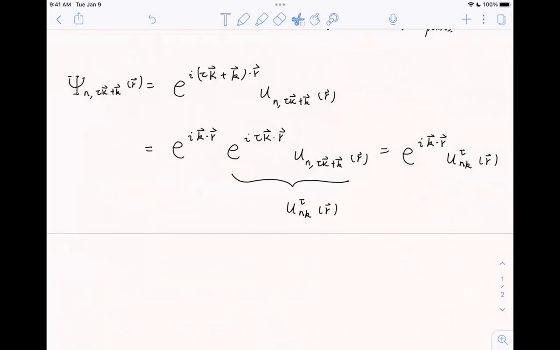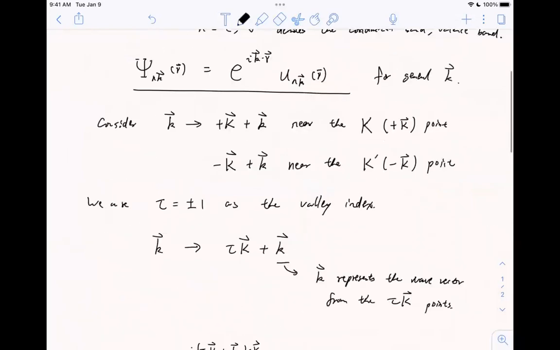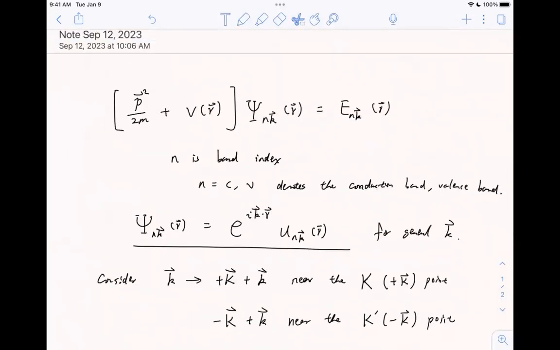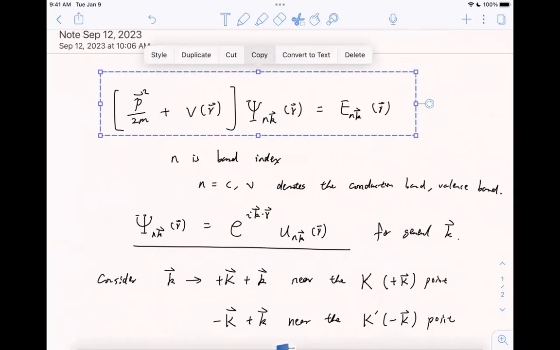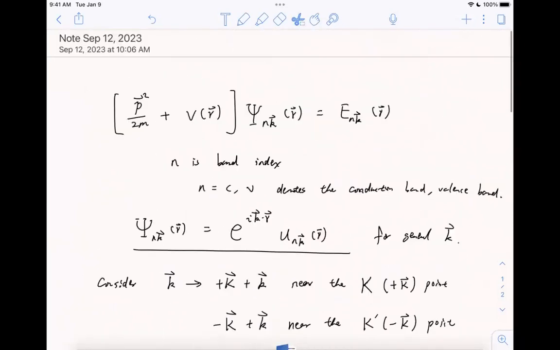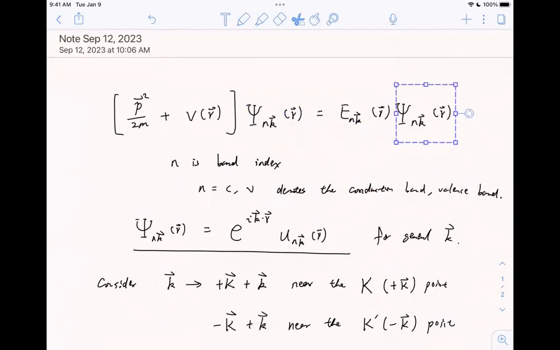Because this K is small, we're going to do the expansion on it. Okay, so now let's go back to this original equation. Sorry, I forgot the wave function here. There's a wave function here.